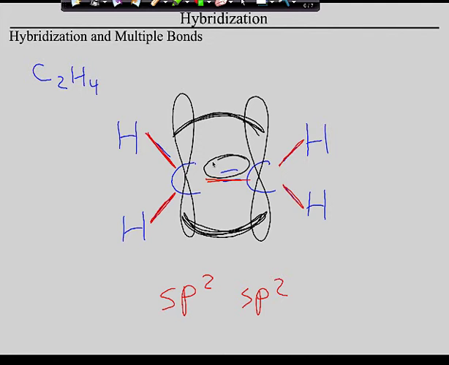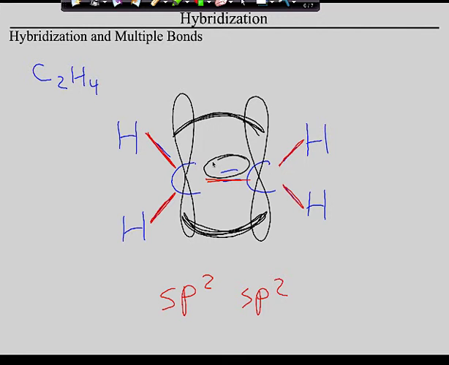So when these double bonds form, an unhybridized p orbital from both of these atoms overlap together above and below the plane of the molecule, and they form the second bond of the double bond.